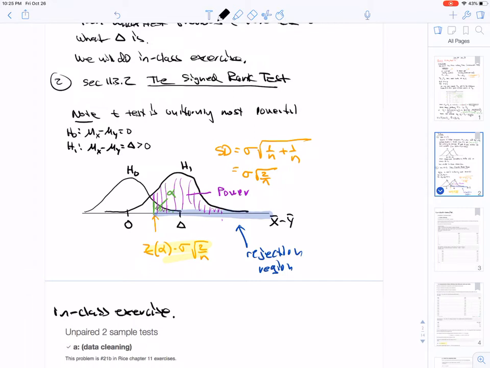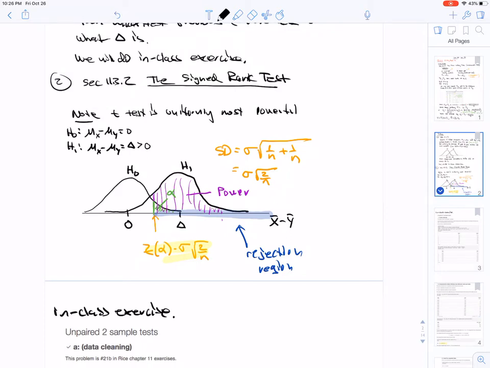And notice that this rejection region is all values of x bar minus y bar greater than z alpha times sigma square root of 2 over n, which has no sigma in it. So the rejection region is independent of sigma, so you get the same rejection region for every alternative where delta is positive.